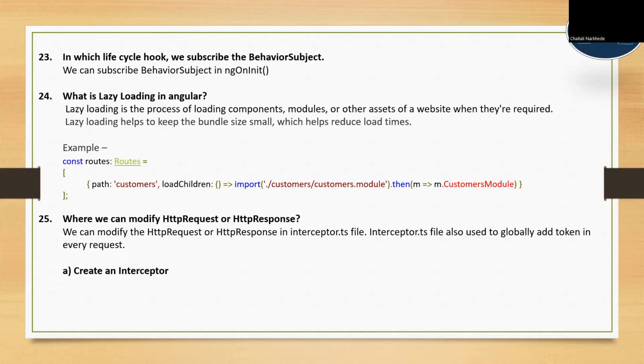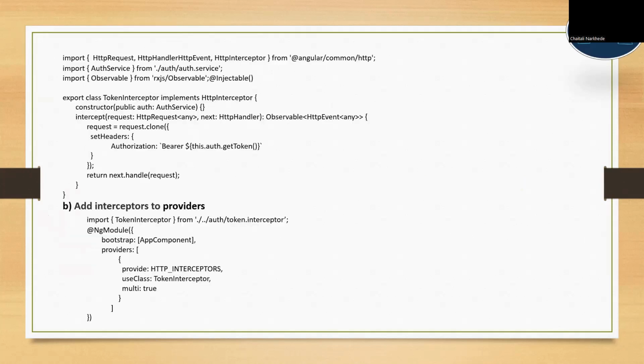Now we can see how we create an interceptor. To create an interceptor, you have to create one file like token.interceptor.ts, in which we define the class TokenInterceptor, which implements HttpInterceptor, which has the intercept method, in which we get the token and set it into the header of every request, and we return the request.